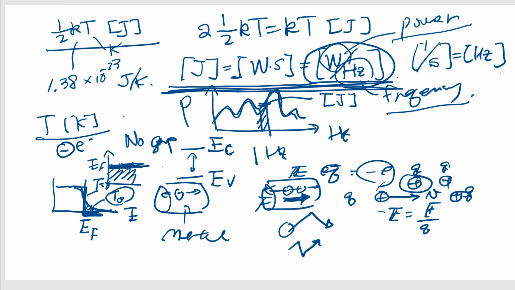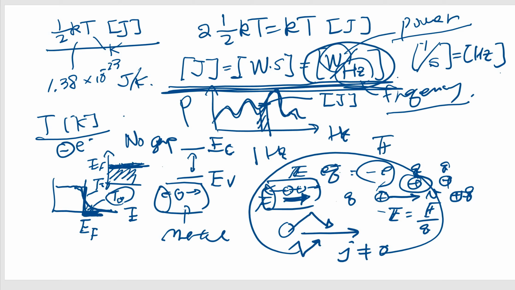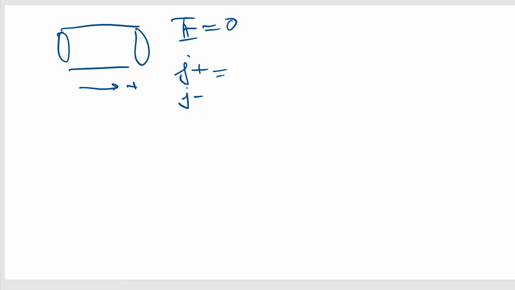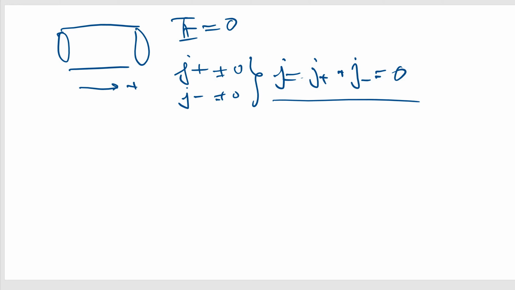Zigzag movements, but total current density is not zero while some electric field is applied to the metal. Without electric field, current density in the plus direction and minus direction are not zero, but totally no current exists on average.